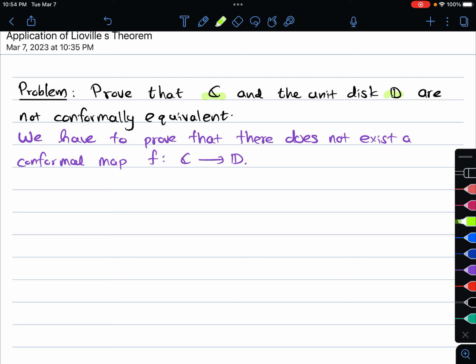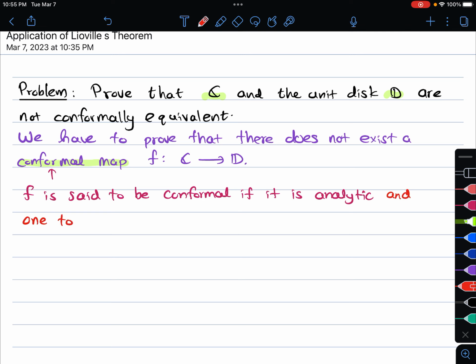I hope you are familiar with the term conformal map. I will write down the definition. f is said to be conformal if it is analytic, in this case analytic on C, and one to one.